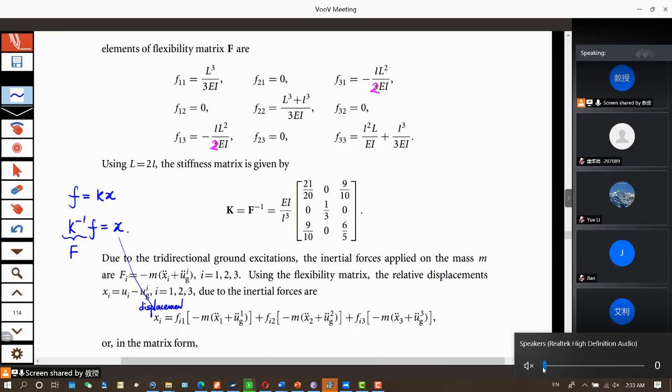That's the equivalent earthquake load. Okay, and we have earthquake loads in 3 directions. So that's direction 1, direction 2, and direction 3.